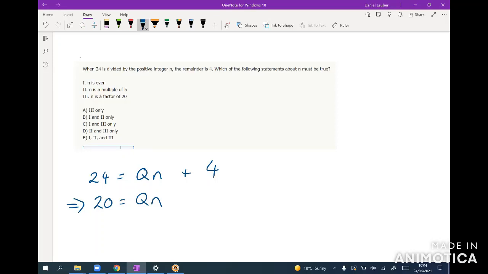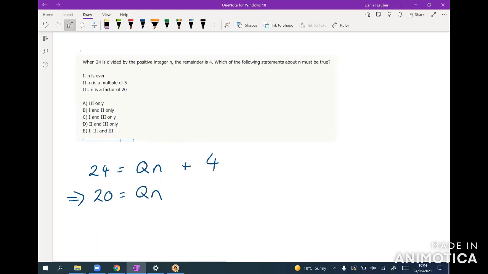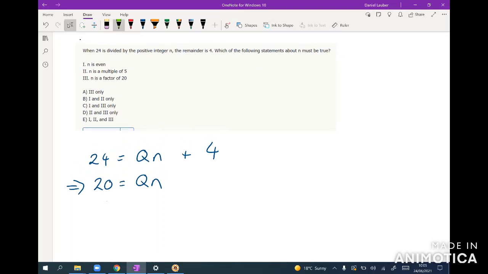Well, to be honest, we've only got a few cases. So we should check the cases for what's possible, because n must be bigger than 4. We know that because it's got a remainder of 4. So let's just check the various possibilities.